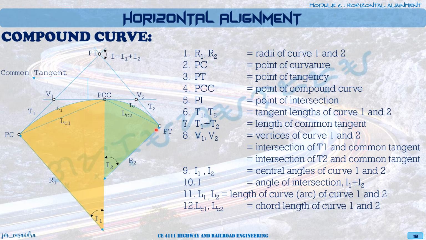Then, lastly, we have our LC1, or the chord length of curve 1, and LC2, which is the chord length of curve 2. And lastly, we have our LC, or the length of chord of the compound curve, which is simply measured from PC to PT. Okay?